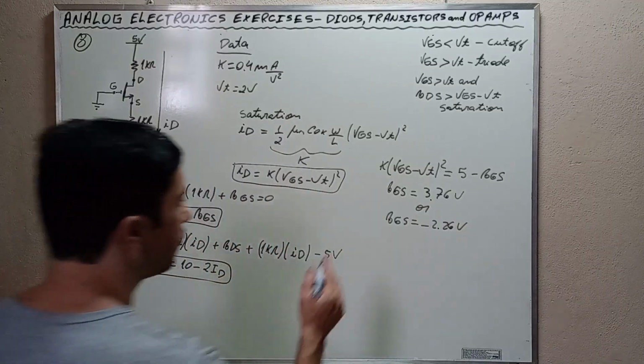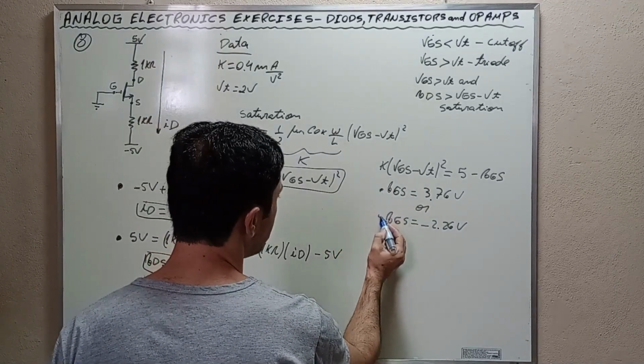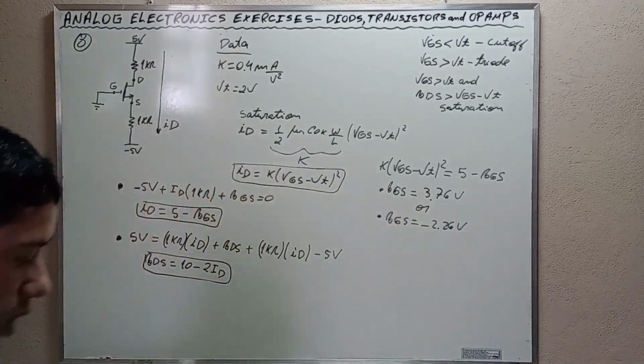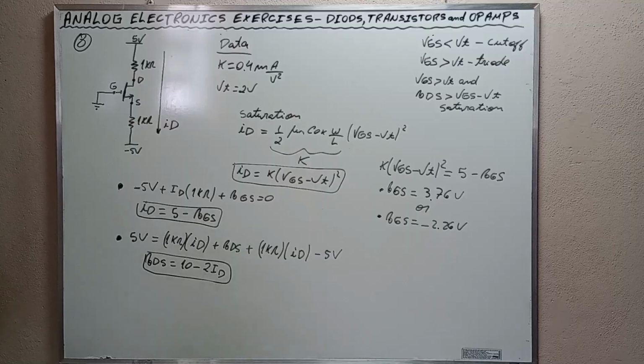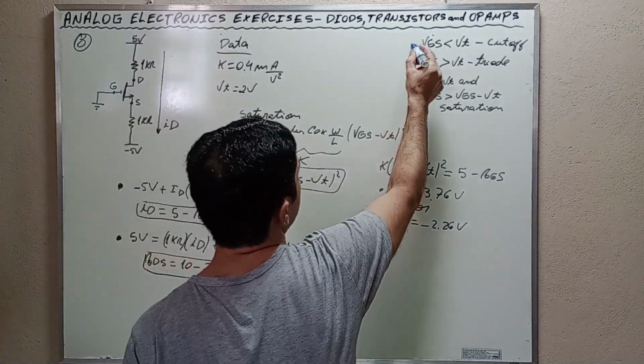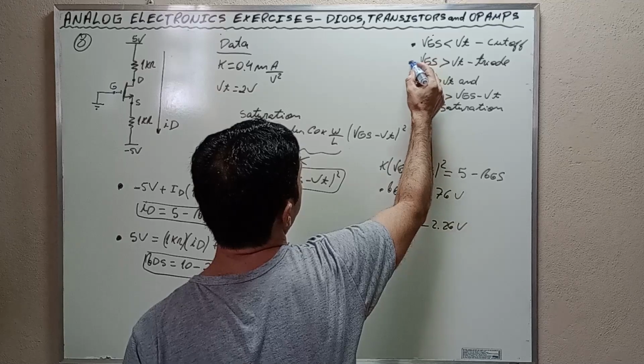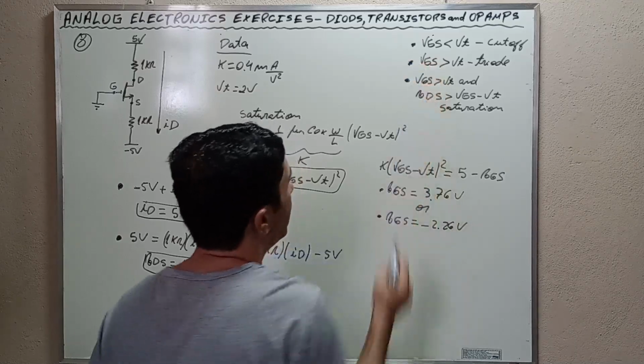Which one of these values are we going to choose? As we assume saturation, VGS has to be greater than Vt. Okay, this is cutoff, this is triode, and this is saturation.